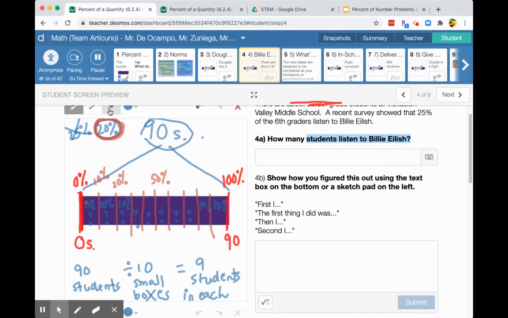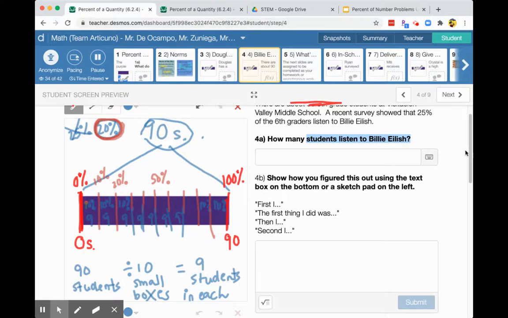So we know that this has to be 9. Each of these has to have 9 students. Now, if you don't like division, I know some of you would have used multiplication. 10 times 9 is 90. So each of these 10% pieces has 9. 10%, 9 students.